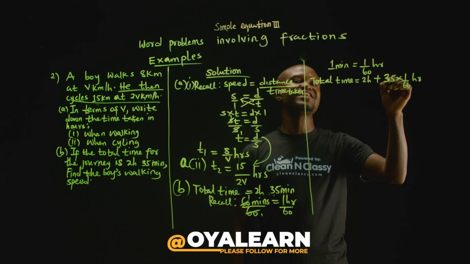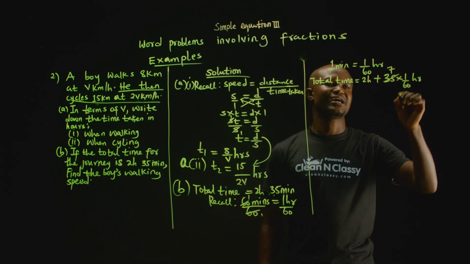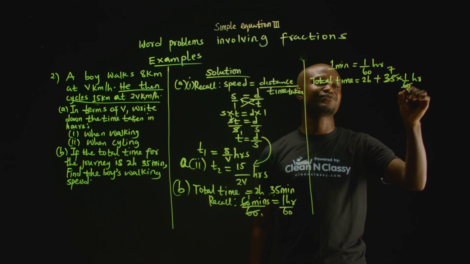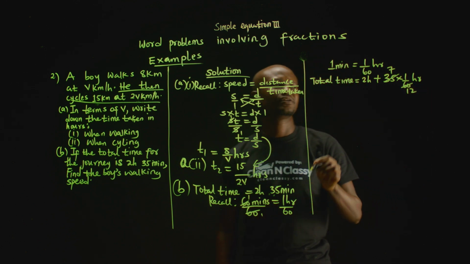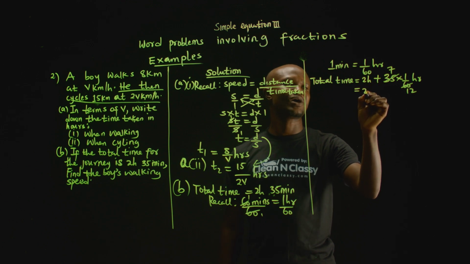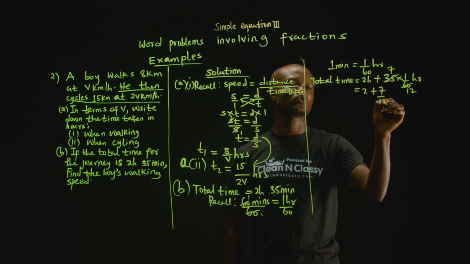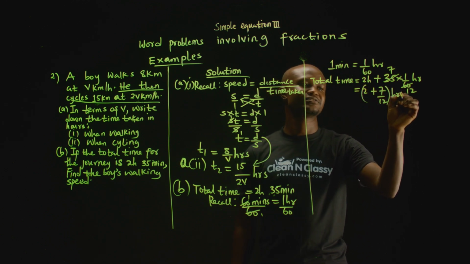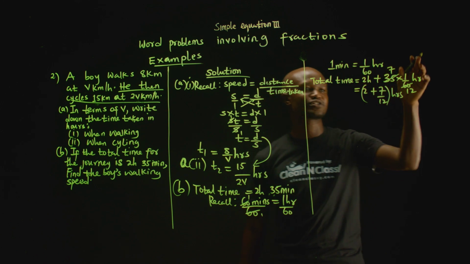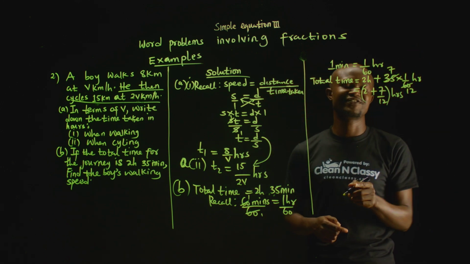Now, 35 divided by 5 is 7, and 60 divided by 5 gives us 12. So we have 2 hours plus 7 divided by 12 hours, that is 2 plus 7 over 12.